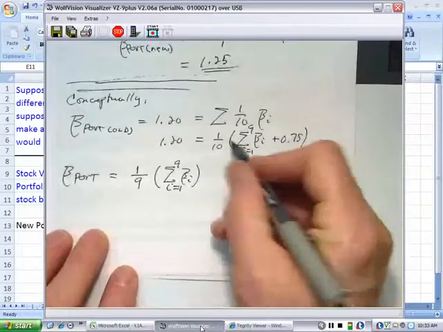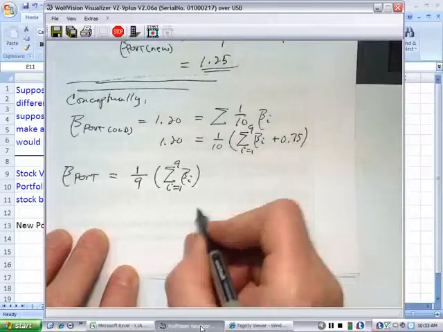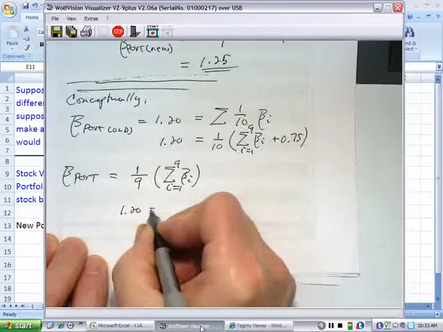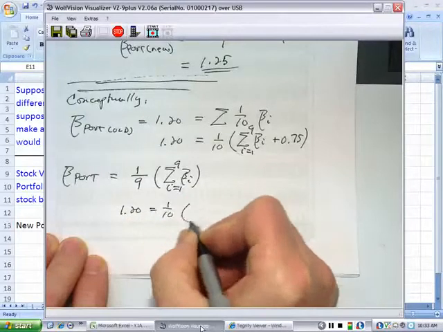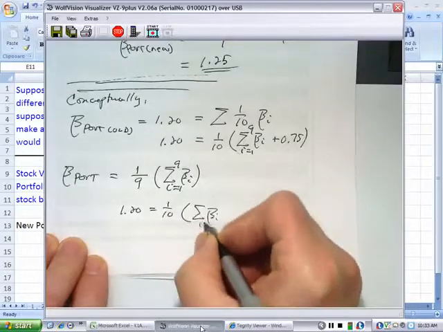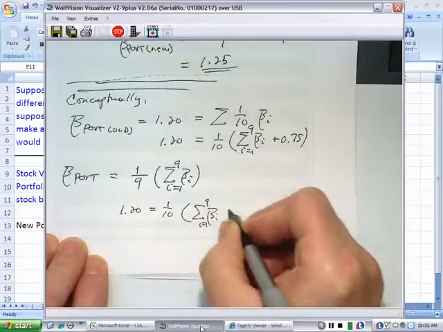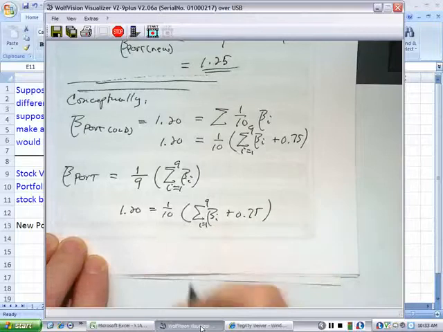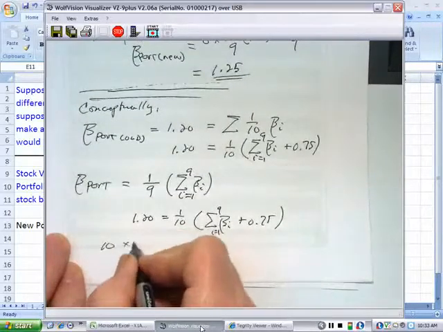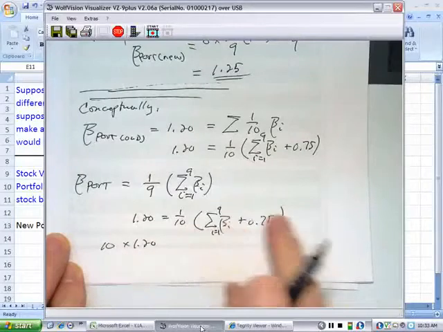In particular, let's look at what this says. It says, solving this, that 1.20 equals 1/10 times whatever this sum is of the beta i from 1 through 9, plus 0.75. Well, let's go ahead and solve this through. 10 times 1.20 equals this.